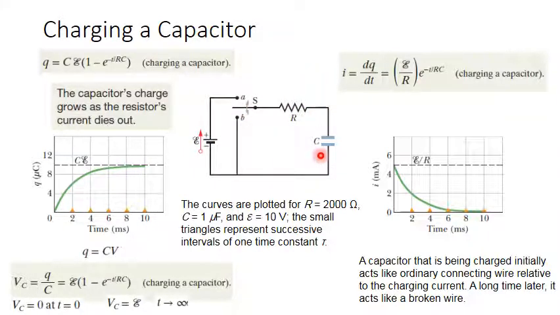So at the starting point, all the voltage drop would be at the resistor and the current would be E over R. Then this current will decay exponentially, starting from E over R. At very large time, this exponential term, e to the power minus infinity, is 0, so it tends to 0.